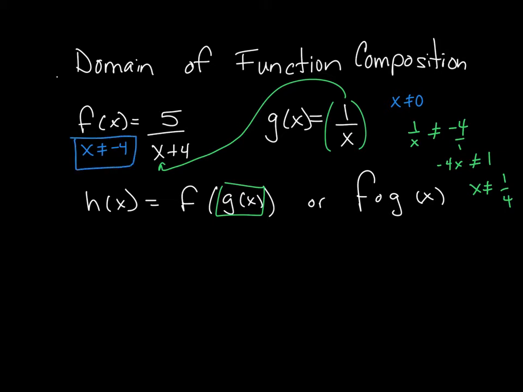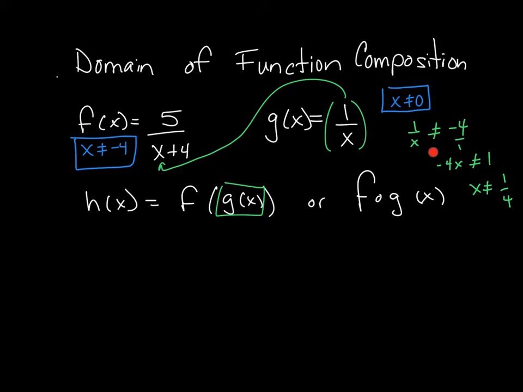So the domain of this function starting out has these parameters. X cannot equal -4. And we started off with g of x could not equal 0, and that's because the denominator could not equal 0. And then whatever this value is here cannot go in and be -4. And that would happen if I started off with x equal to -1/4.